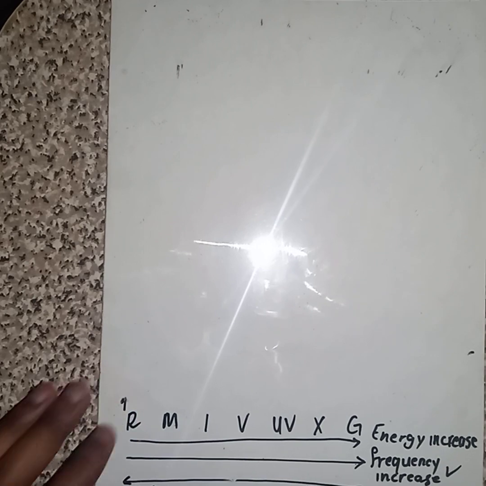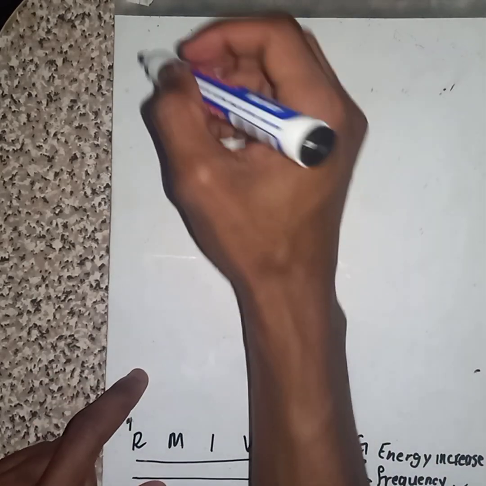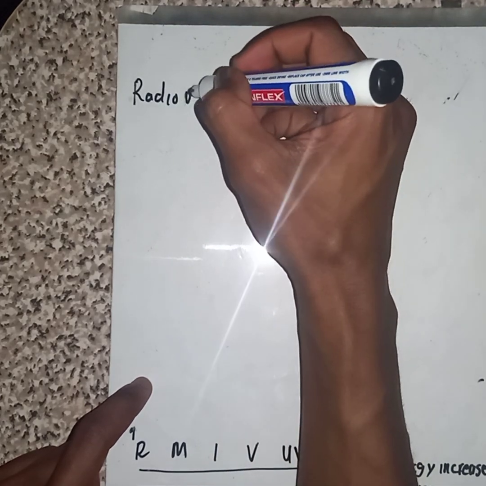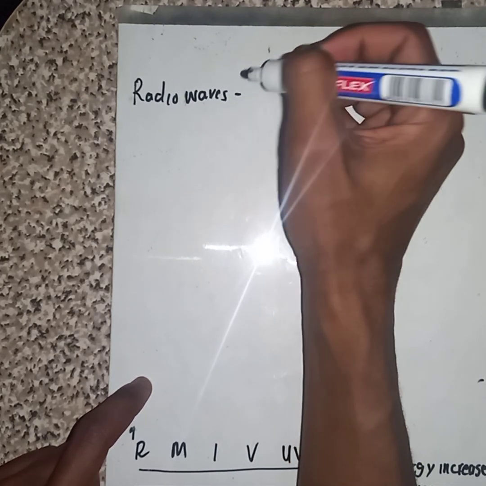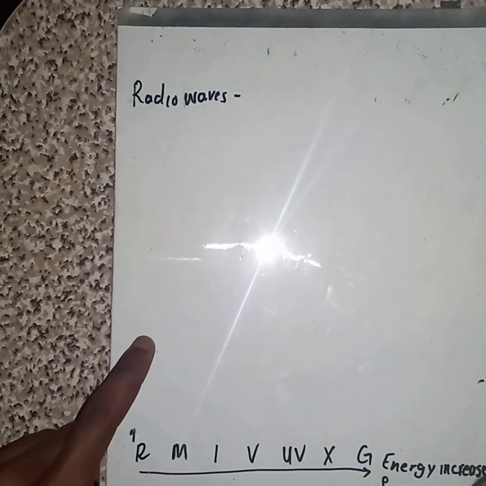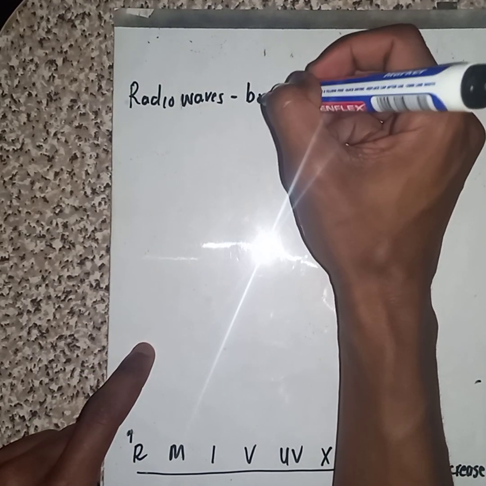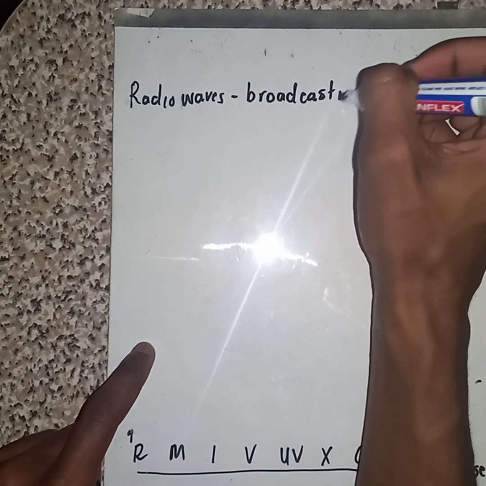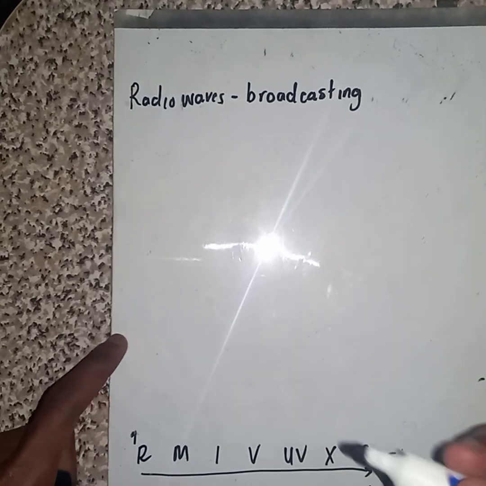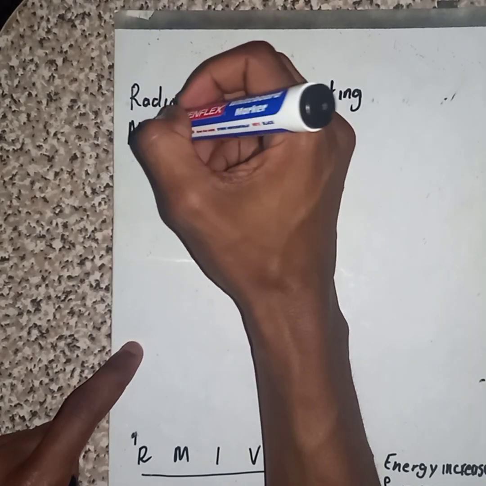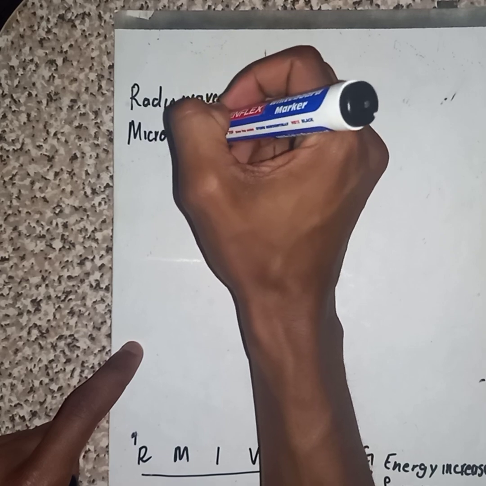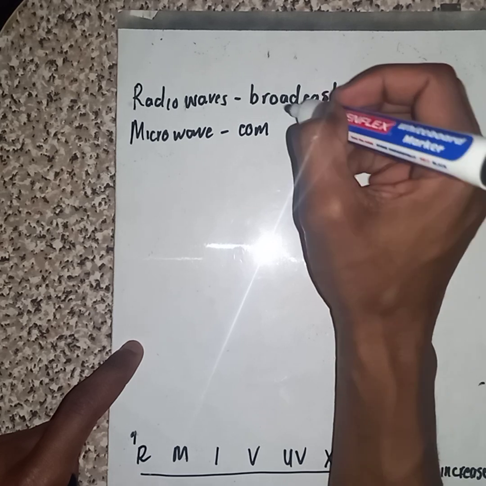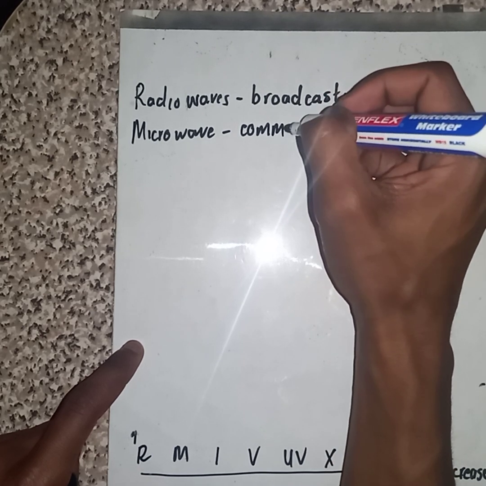Okay, we have radio waves. They are used for what? For broadcasting, especially when watching television. Then we also have microwaves. Those are used for communication and also when heating some food.